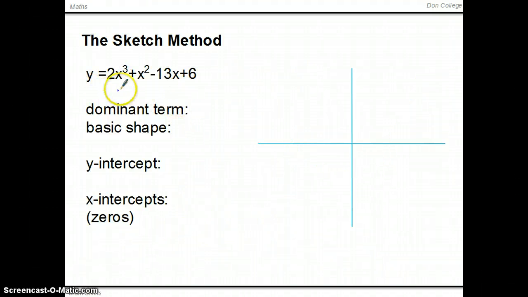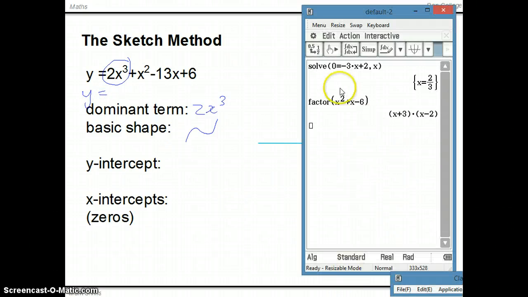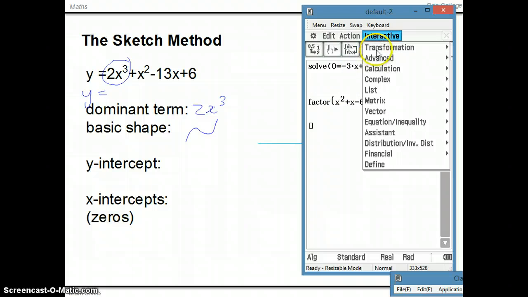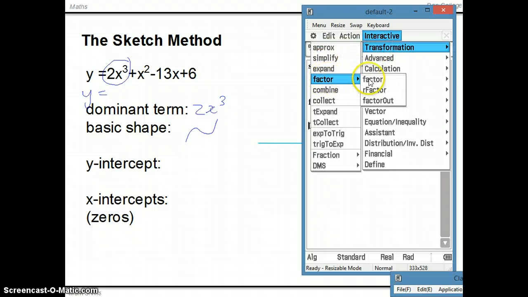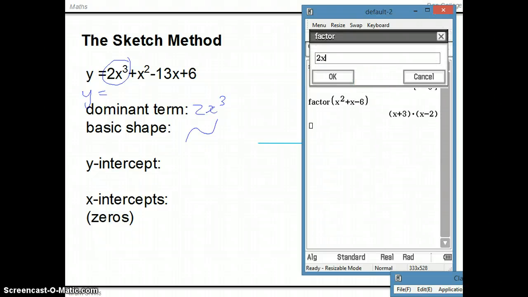Alright, now this one here, you're given a cubic, so the dominant term is 2x cubed. Basic shape then, it's a positive cubic, is going to be like that. Now I would suggest factorising this straight away. So we're going to go interactive transformation factor and put in 2x cubed plus x squared minus 13x plus 6.